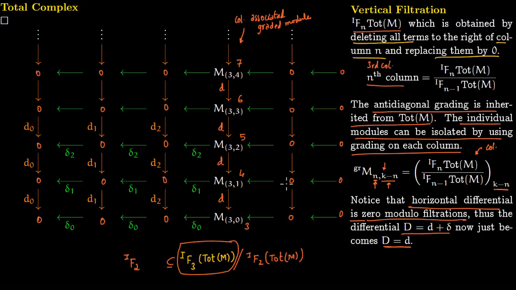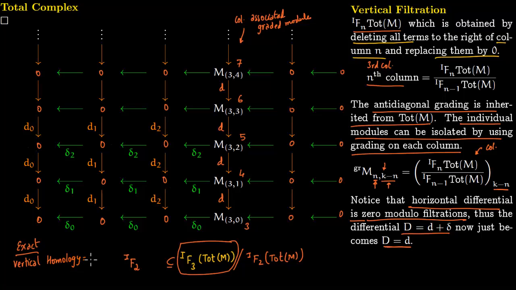You're just considering columns, and if these columns are exact, you can immediately say the homology of vertical filtration is 0. So vertical homology would be 0.